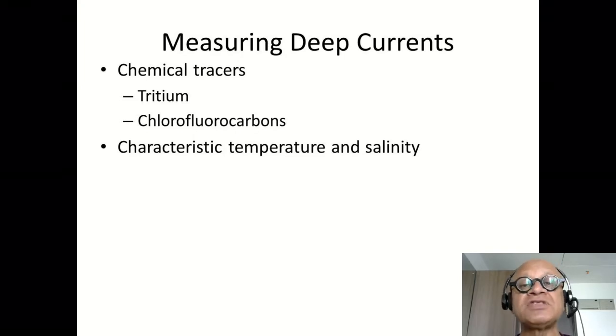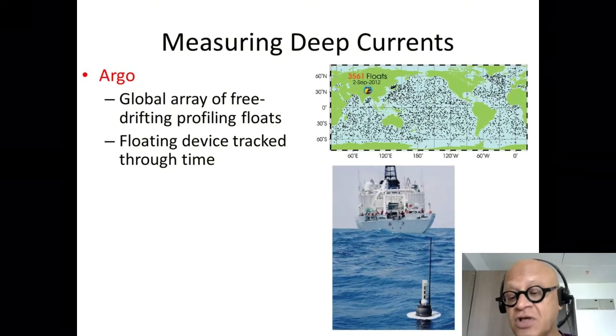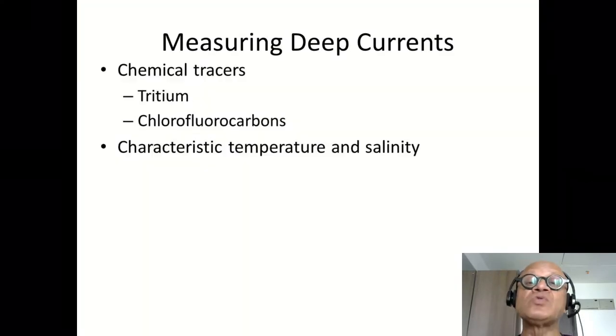Chlorofluorocarbons, which are CFCs, were used very heavily in refrigeration till the ozone hole was discovered and the Montreal Protocol was signed, when we realized CFCs leak chlorine and disintegrate ozone, which is not a good thing. So CFCs have also entered the ocean and continue to act as chemical tracers.